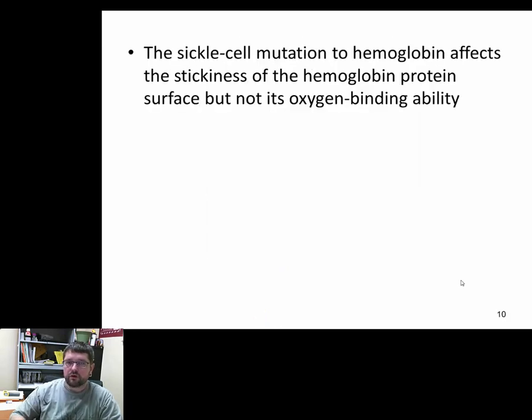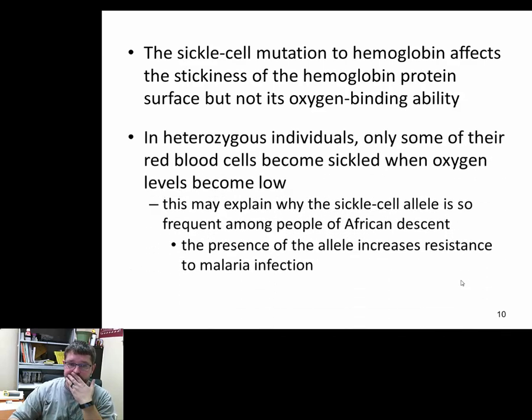So the hemoglobin protein is misshapen. It's not that the oxygen won't bind to a sickle cell hemoglobin, but it just limits the number of binding spots, so the actual amount of oxygen that can be bound up in those red blood cells.